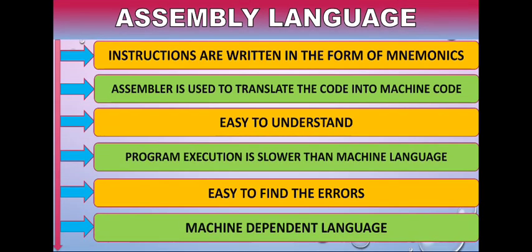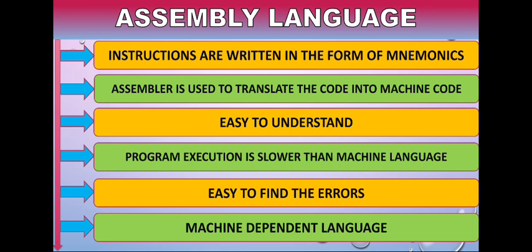Next, assembly language. In assembly language, the instructions are written in the form of mnemonics. What is the meaning of mnemonics? Mnemonics are the symbolic codes. So in this language, as compared to machine language, writing the programs is easy, also easy to understand and also easy to find the errors.